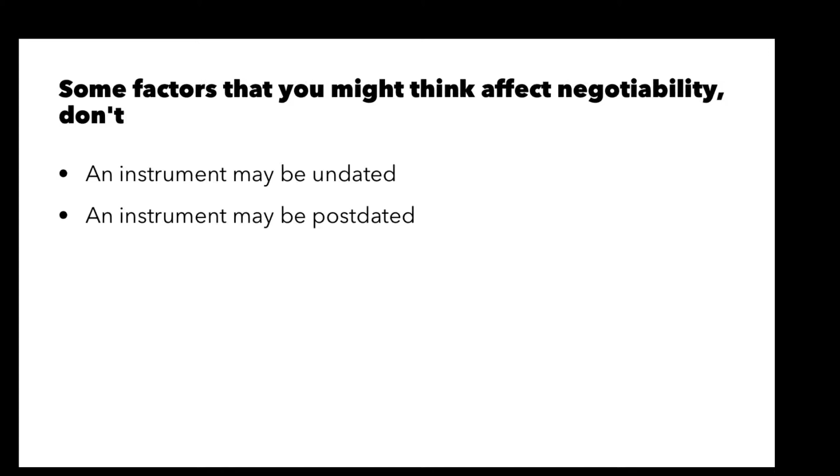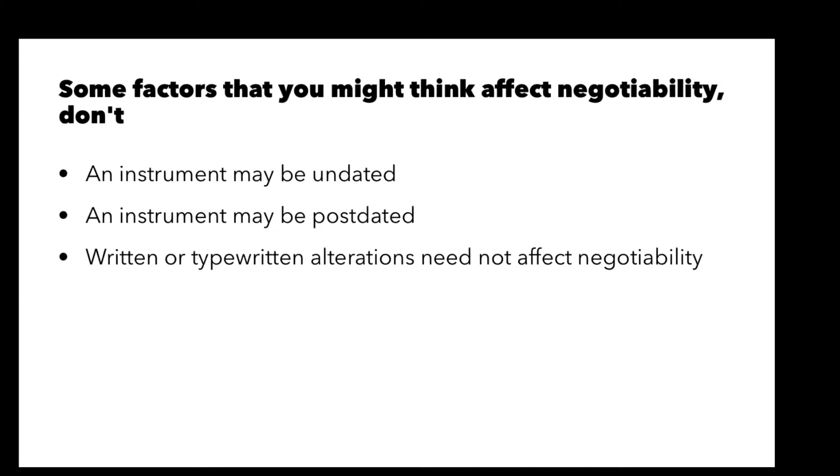An instrument can be post-dated. We can fill in a date after the time of issuance. Once again, unless that date is necessary to determine the time of payment, it can be post-dated as well. Alterations do not necessarily affect negotiability.